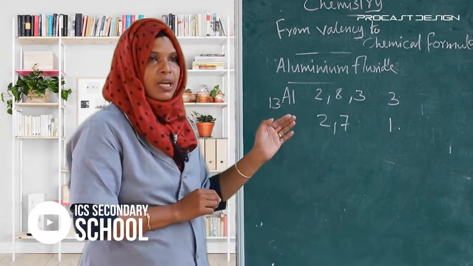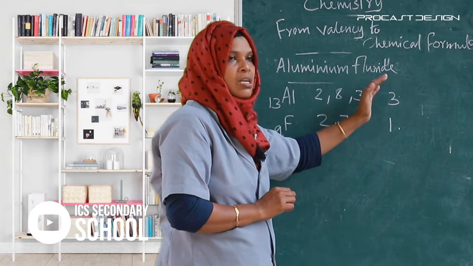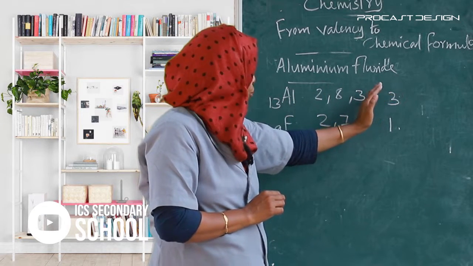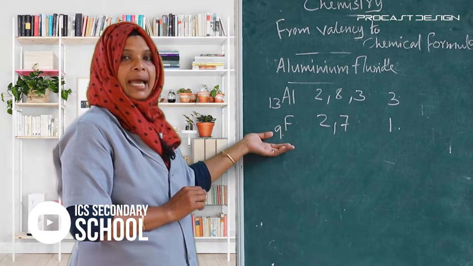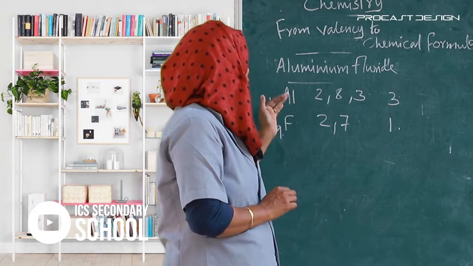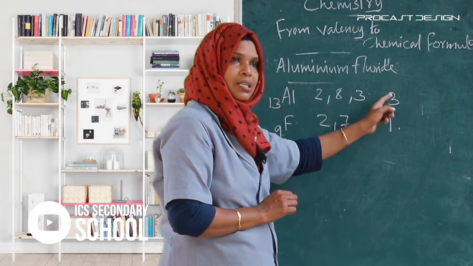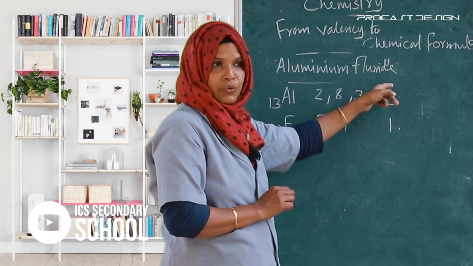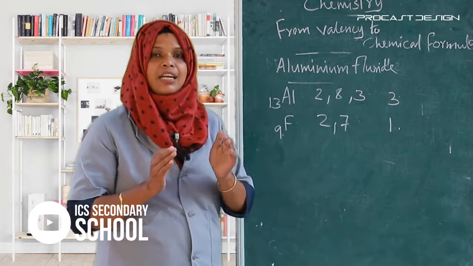How many fluorine atoms are required to accept the electrons donated by aluminum? 3 fluorine atoms, because aluminum donates 3 electrons.